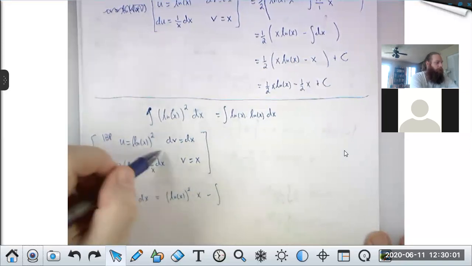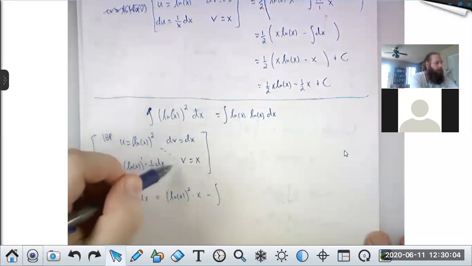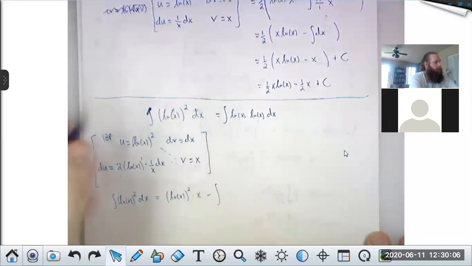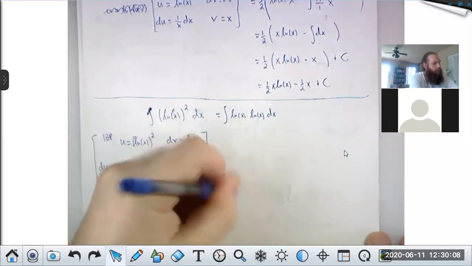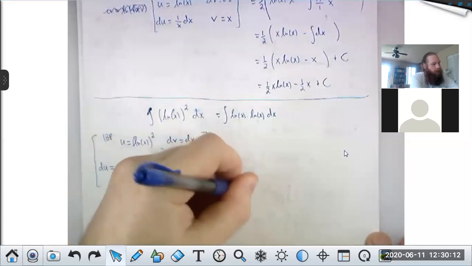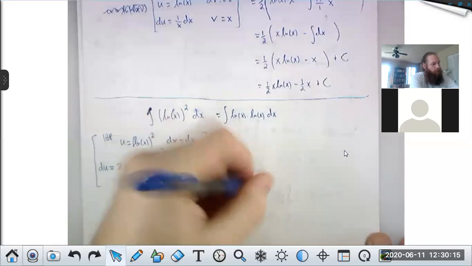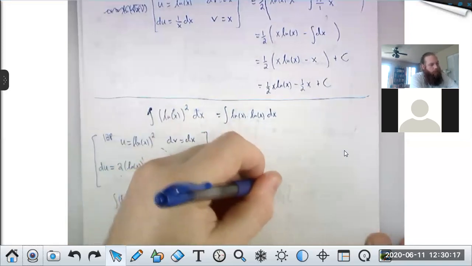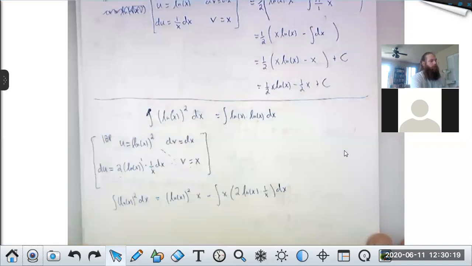Yep. So x times, and then we've got this big thing for du. That's 2 ln of x times 1 over x dx. Looking good.